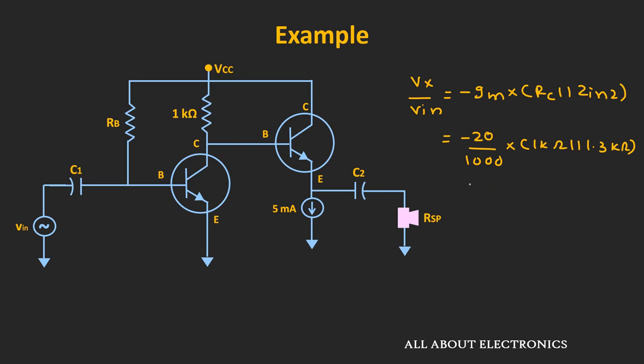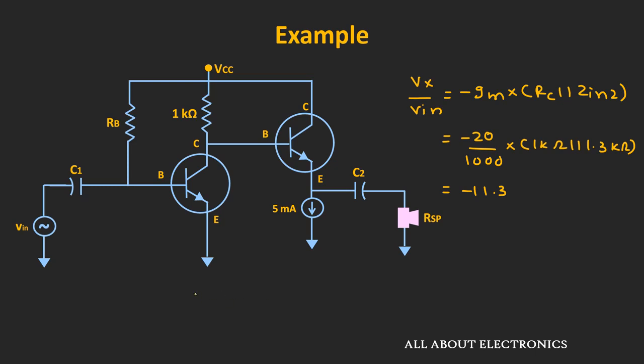And if you calculate the value, then it is equal to minus 11.3. So as you can see, because of this emitter follower, there is a significant improvement in the gain of the common emitter stage. But to find the overall voltage gain, we also need to find the gain which is provided by the emitter follower.